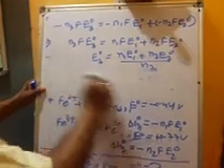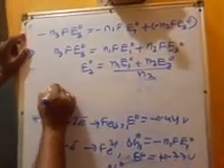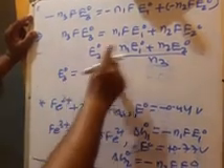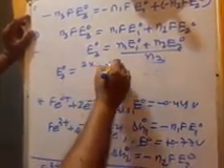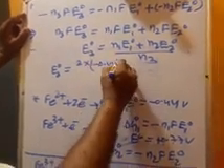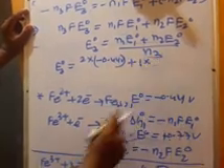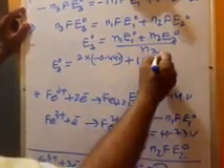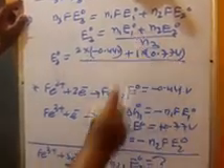Now in this case you put the values of E1° and E2°. n1 is equal to 2, so E3° will be 2 into −0.44 volt, plus n2 is 1, so 1 into E2° is 0.77 volt, divided by n3, which is 3 electrons.